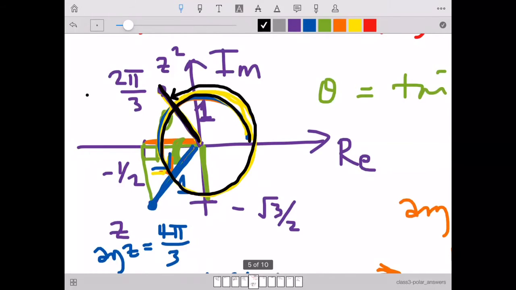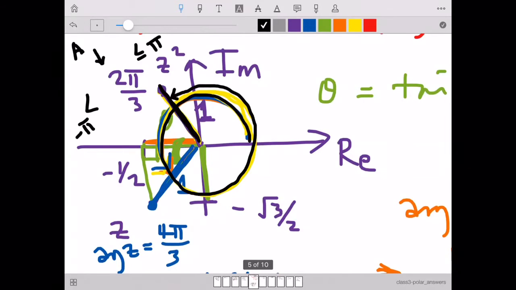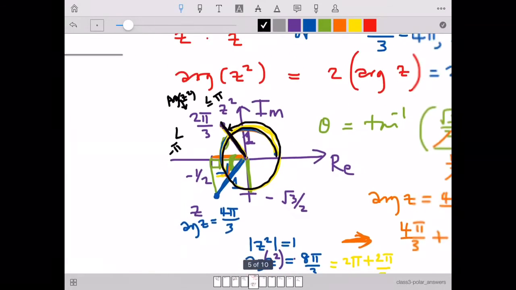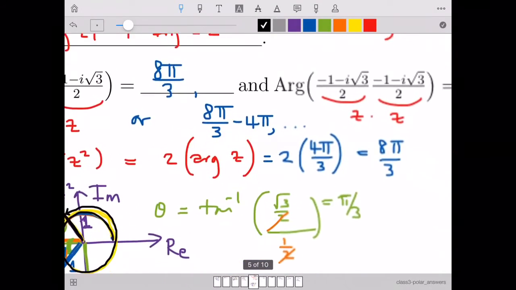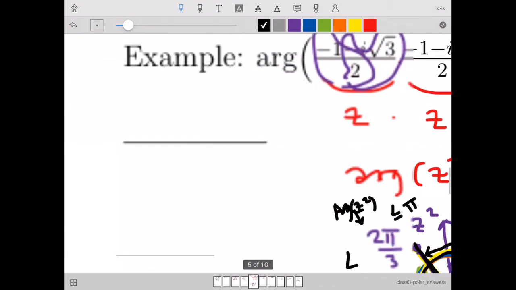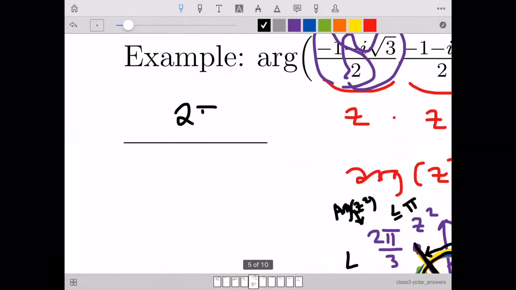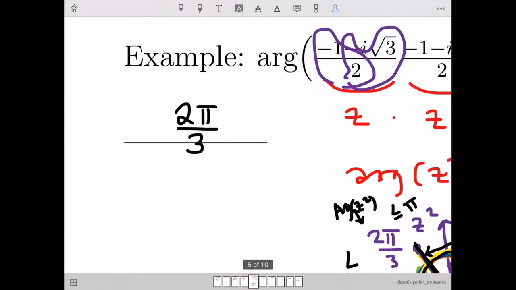Since it is between minus pi and pi, this is big arg of Z squared, the principal argument. So big arg of Z squared equals 2 pi over 3. Unique answer. Okay.